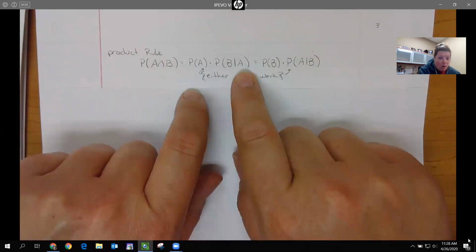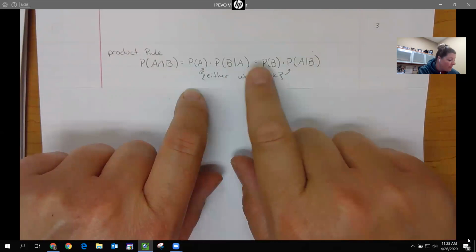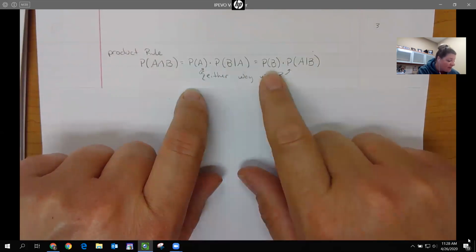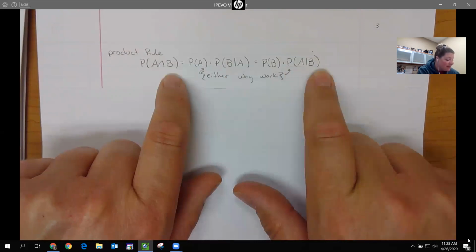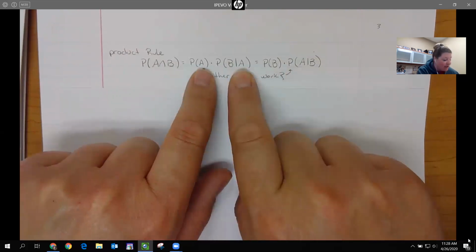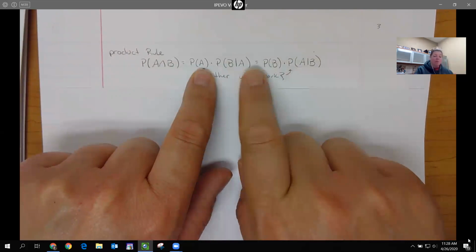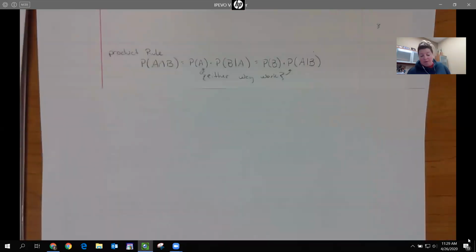Or we can do the probability of B times the probability of A given B. Notice this one and this one are matching, and this one and this one are matching, and they'll both give you the same answer. So that's another way to find the probability of an intersection of two things. They call this the product rule. Pause, write that down, you might need it.